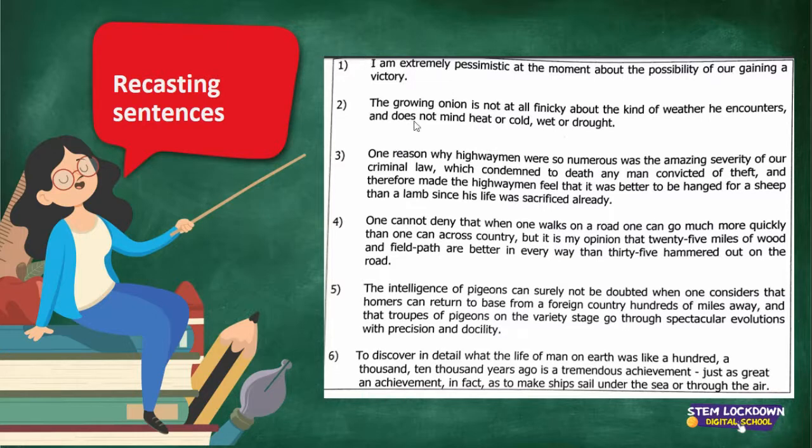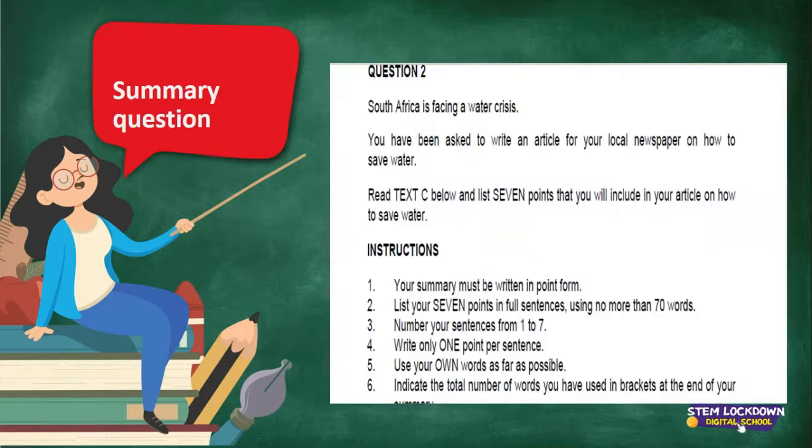And then I'm going to give you now an example of a question. For any summary, there has to be a question, and you need to analyze the question before you do anything. Otherwise, you wouldn't have done yourself any favor. All right. Now, South Africa is facing a water crisis.